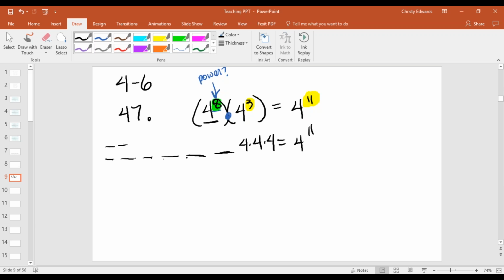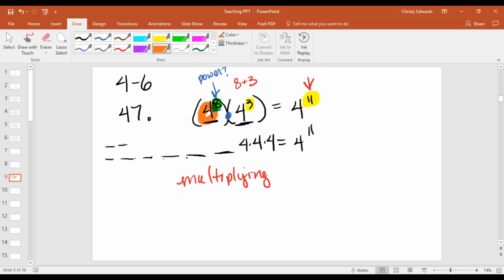So what was our cool shortcut that we learned in our last lesson? If you have the same base, we were doing x's and y's and variables, but it's true with numbers too. 4 to the 8th power and 4 to the 3rd power is really 8 plus 3, 11 4s, all being multiplied together. So our cool shortcut was, if you're multiplying and the bases are alike, like the 4 and the 4, you can just add the exponents.